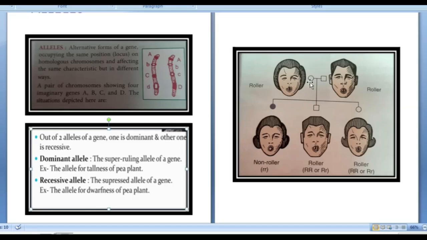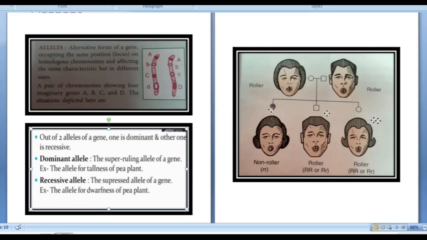The female is shown by a circle and male is shown by a square. In the progeny, there are 3 children. 2 are daughters, again depicted by a circle, and 1 is a son depicted by a square. For the rolling character, the square and the circle are hollow if they are capable of rolling their tongue.